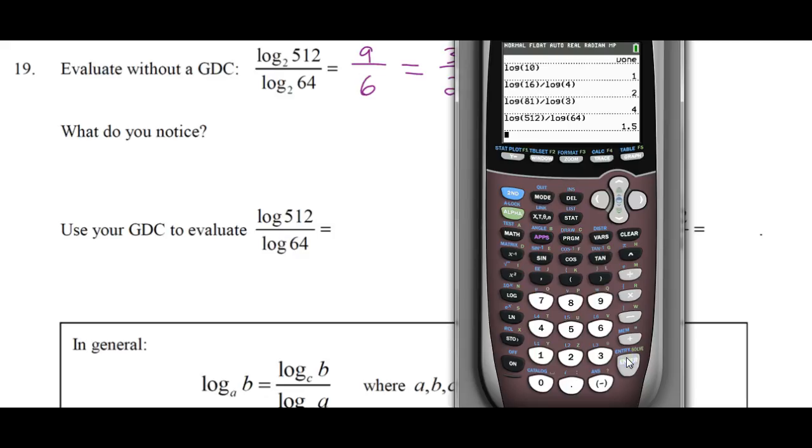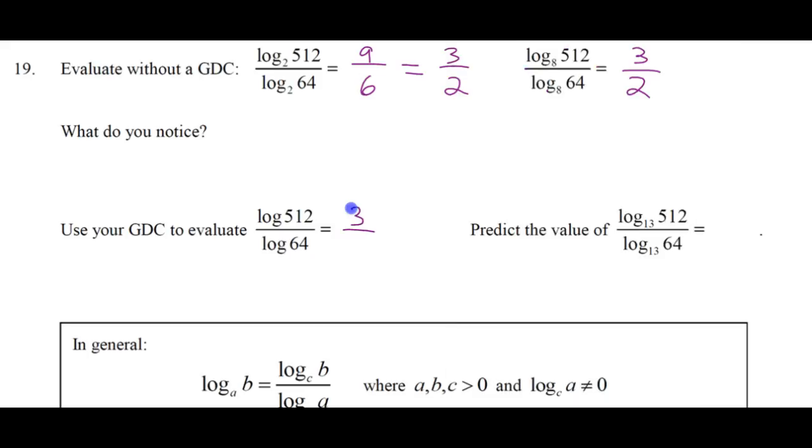It's going to be 3 over 2. Well, we convert it to a fraction. 3 over 2, or just say 1.5 is 3 over 2. What do you think log base 13 of 512 over log base 13 of 64 is going to give you? 3 over 2.